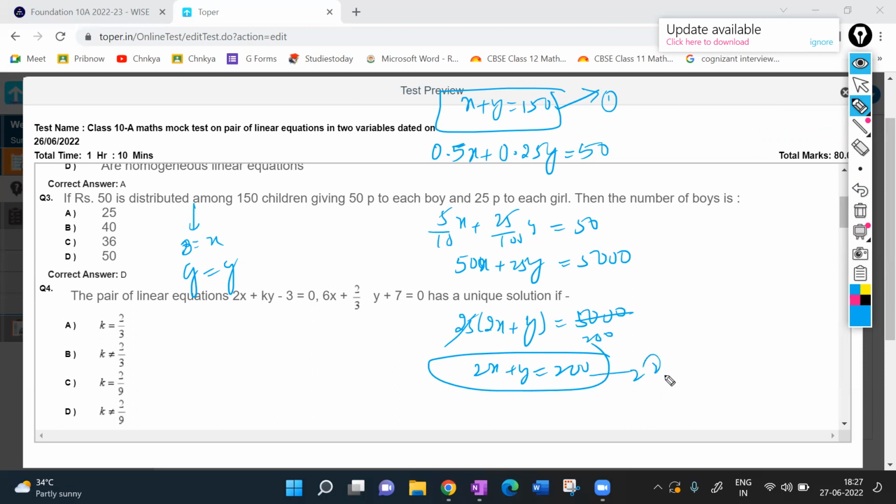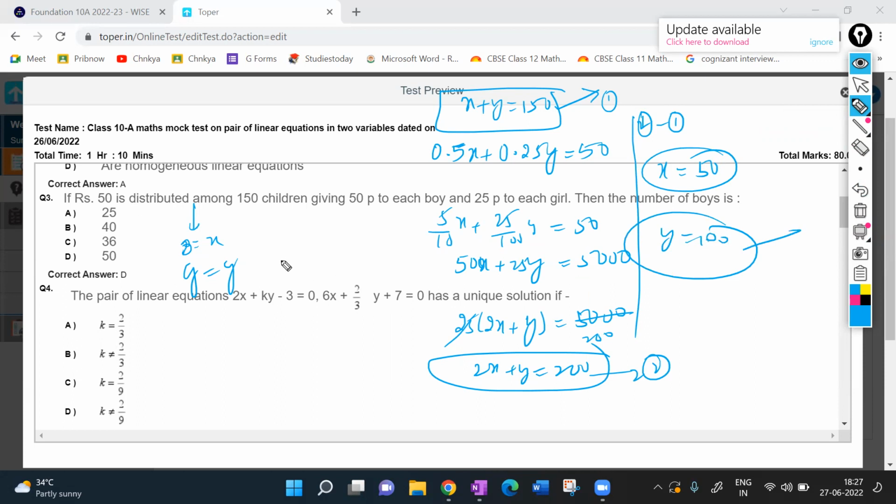This is the second equation. So what I'm doing here is second minus first. 2x minus 1x is what? 1x is equal to 50. x is equal to 50, then y is equal to 100. The question is asking for boys. Boys is 50. Any doubt, guys?